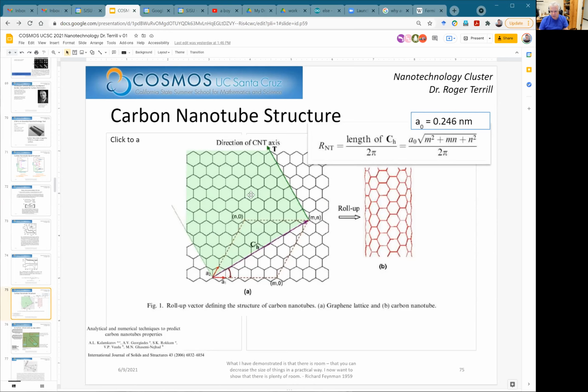I'm sure you've seen these from Xiaowei already. And in this case, we have chicken wire, which can be rolled such that CH goes around the circumference of the tube, and the axis of the tube extends along these directions here, right?